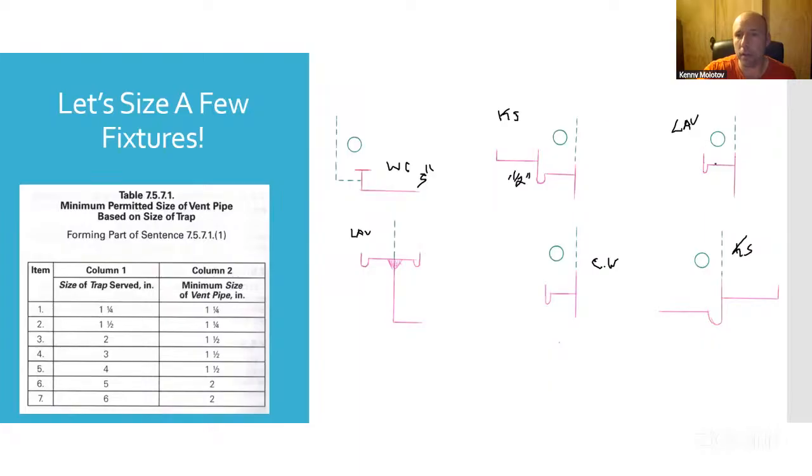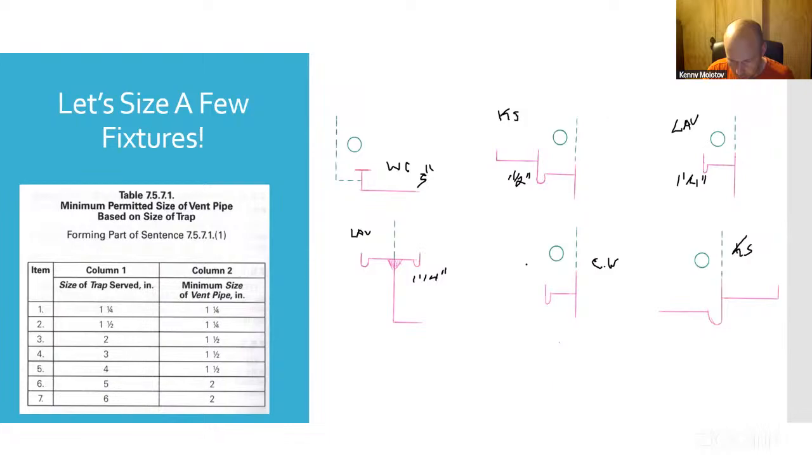Lav is 1.25 inches. These two lavs are both 1.25 inches. Clothes washer should be 2 inch. Yep, 2 inch trap.